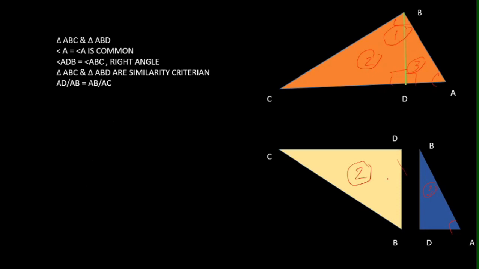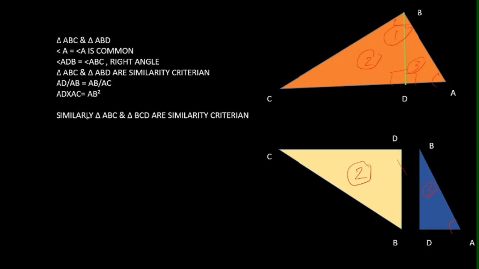So again we can say by this proportional method AD by AB equals AB by AC. So AD into AC equals AB square.